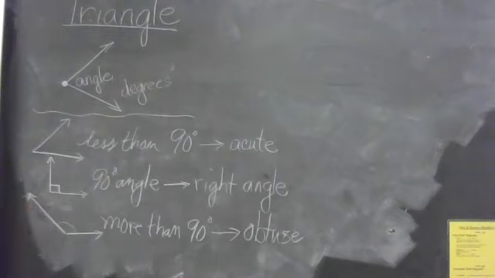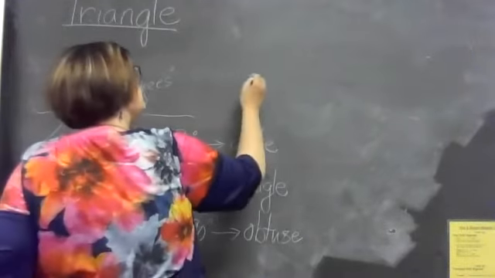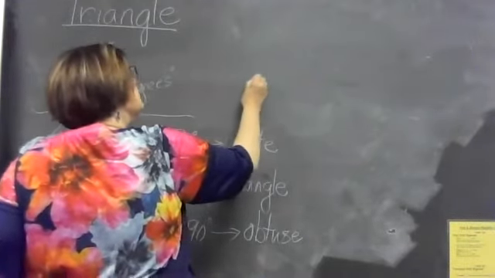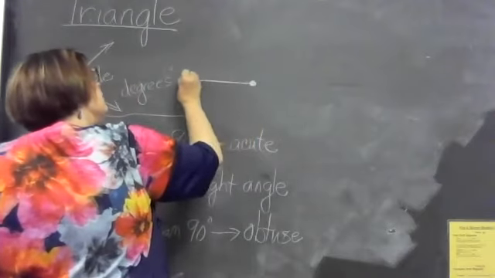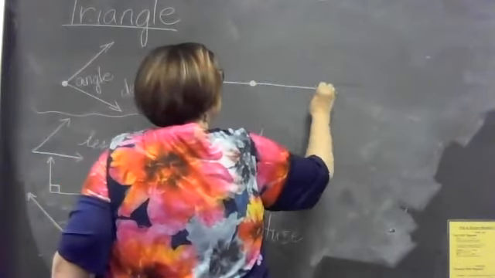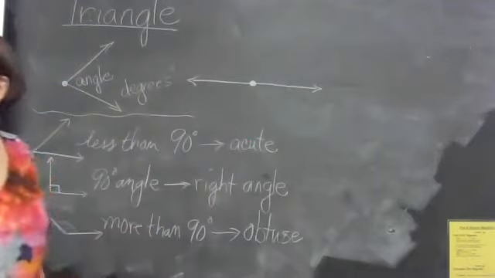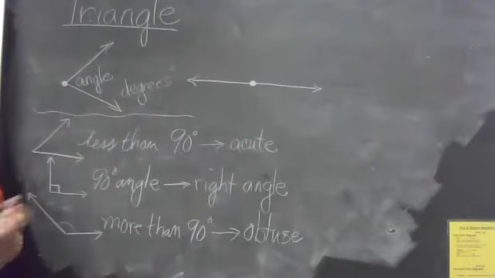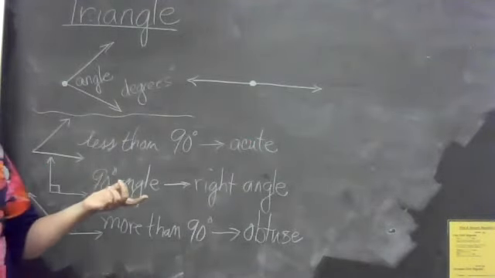Now we have one more. It is an angle where there's one of the rays, and here's the other ray, which looks really funny, but it fits the definition of angles, doesn't it?